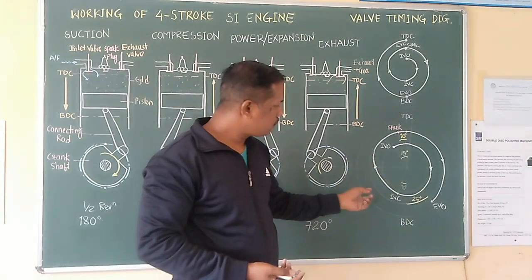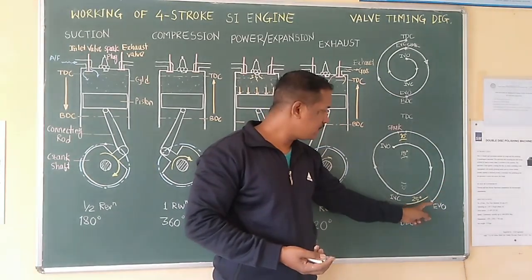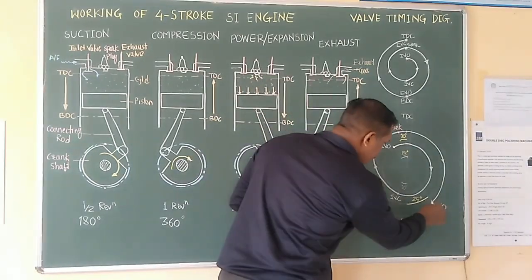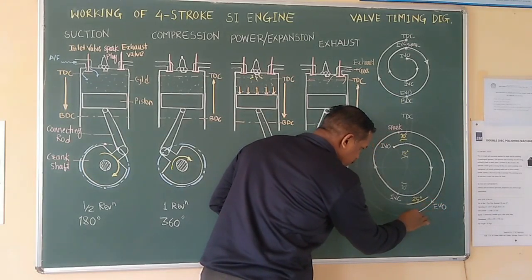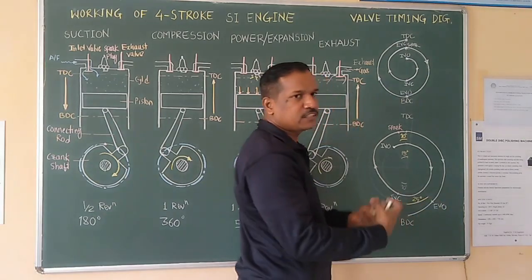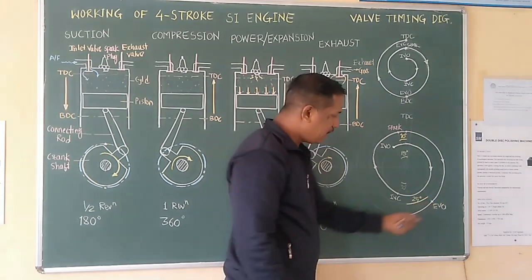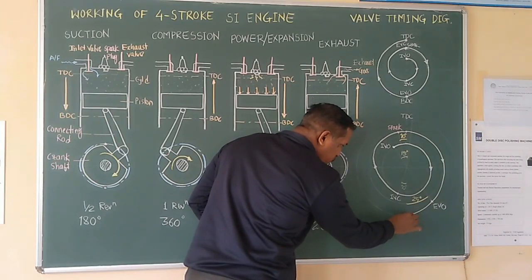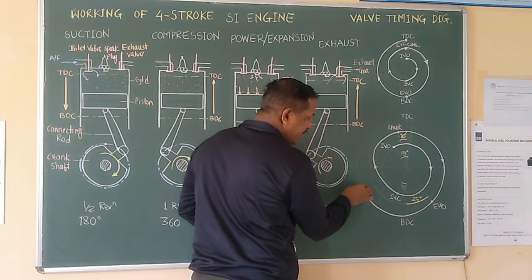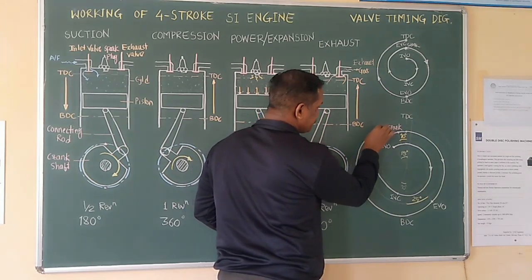So here, 25 degrees before BDC, the exhaust valve gets open. The piston still moves towards BDC, but during this movement, as the exhaust valve is open, excess pressure exhaust gases move out by self pressure. And then after, when the piston moves from BDC to TDC, this actual piston movement pushes out exhaust gases.